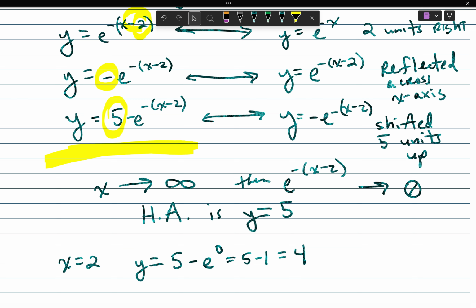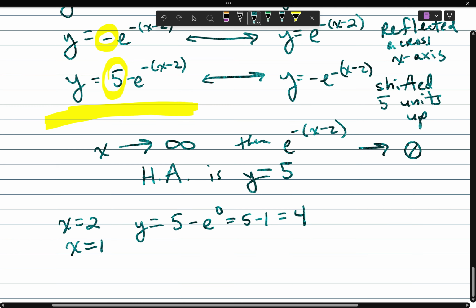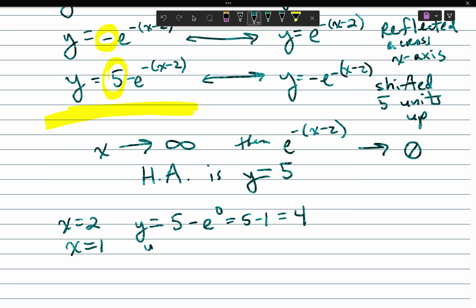How about when x is equal to 1? Go ahead and plug in. y is equal to 5, and when x is equal to 1, you have 1 minus 2 is minus 1, and a minus of a minus 1 is a positive 1.